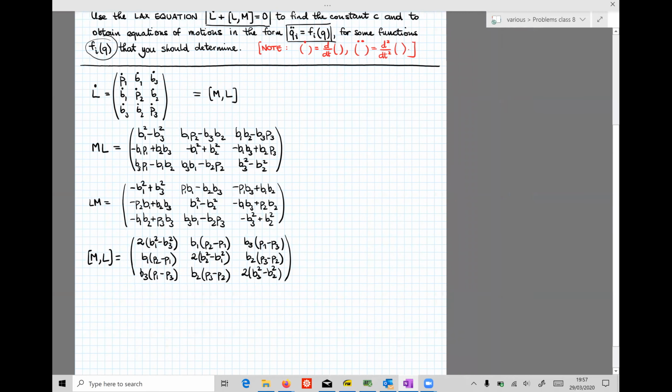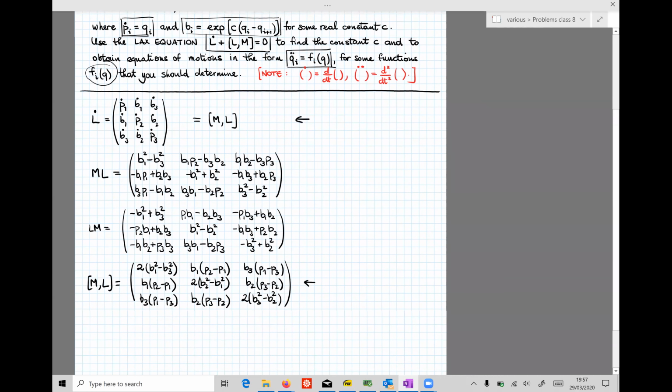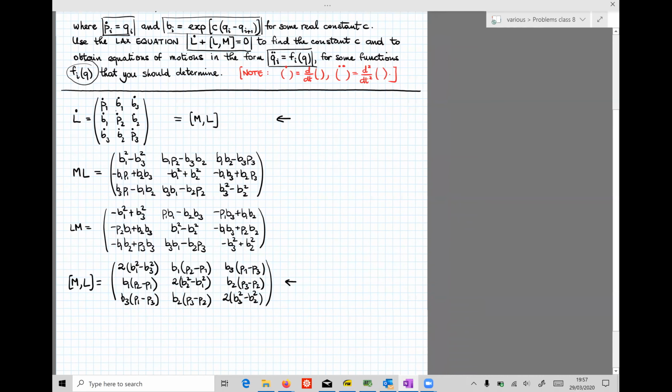Right, so now we want to identify this commutator here with L dot as computed up there. They are identified by the Lax equation. When we do that, we'll determine what P1 dot is, but we are told that Pi dot is equal to Qi. That's what we'll see from the equations on the diagonal.